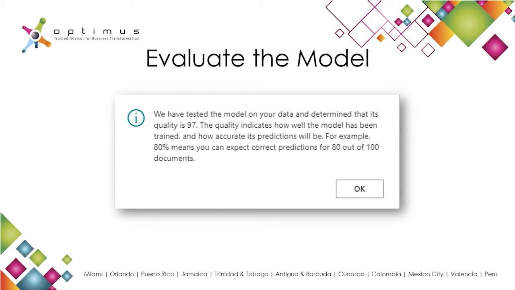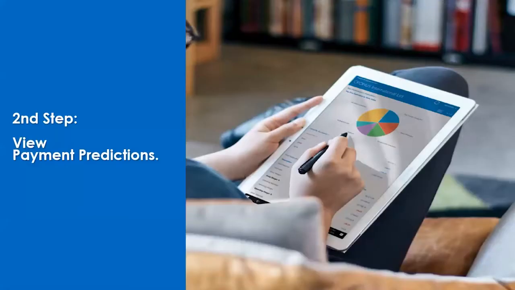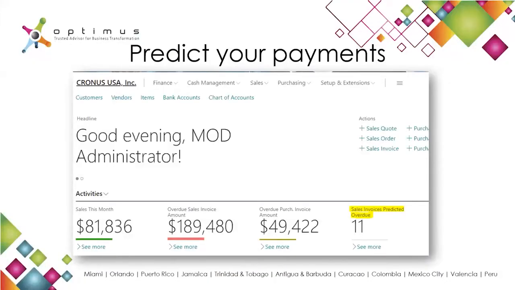Okay, so it's not perfect, but it's telling us that it might be evaluating invoices that were not paid by the specific customer with 80% accuracy, whether they're going to be paid or not. So let's look at the payment predictions as well.